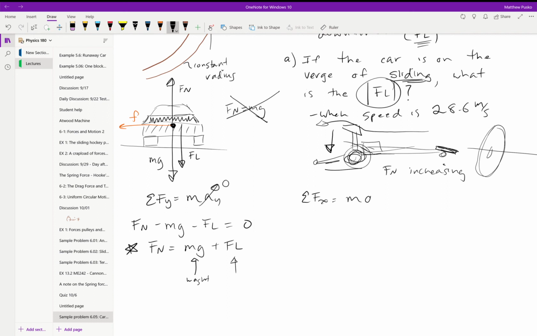That equals the mass times the acceleration in the x direction. We only have one. We have the frictional force, and it's pointing to the left, or to the center of curvature, so I'm going to call that a minus. That'll equal our mass times acceleration, but for the acceleration, since we're on a curve, let's use v squared over rho, or v squared over radius. Alright, we have the speed, we have the radius, we know the mass.